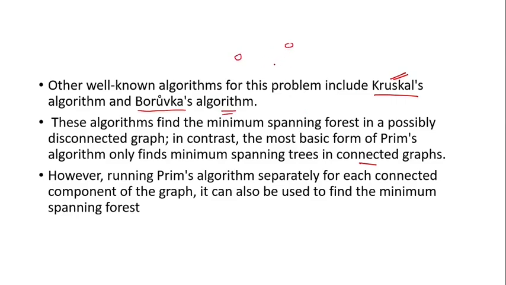A connected graph means all the vertices are connected to each other, with no isolated vertex. If there is an isolated vertex, Prim's algorithm is not applicable. In such cases, Borůvka's algorithm will be applicable, or maybe Kruskal's also.